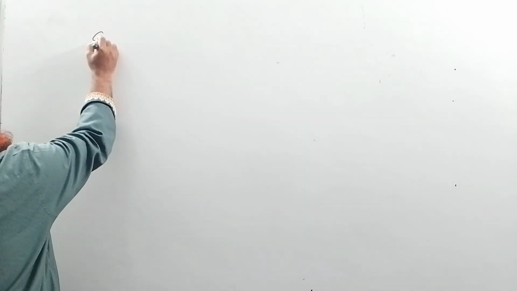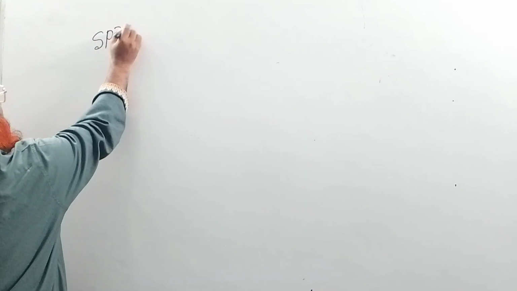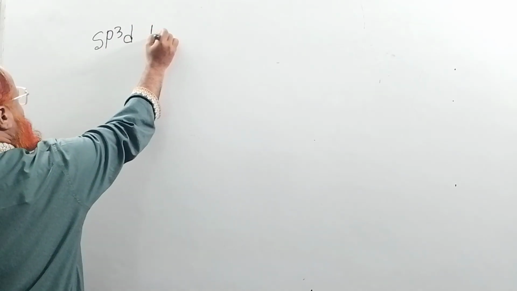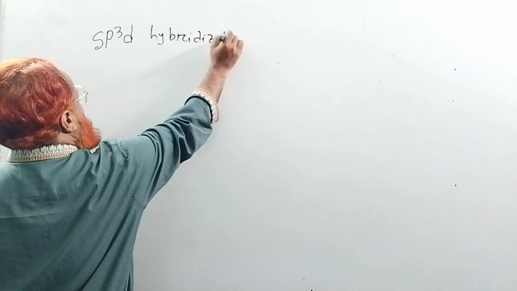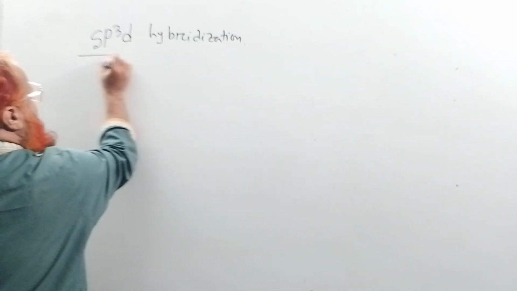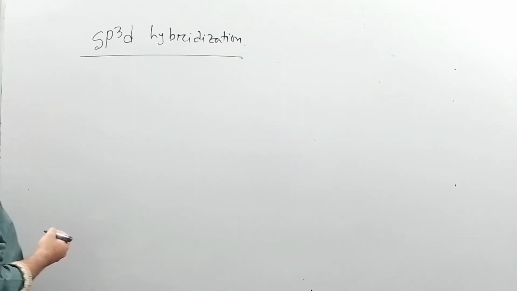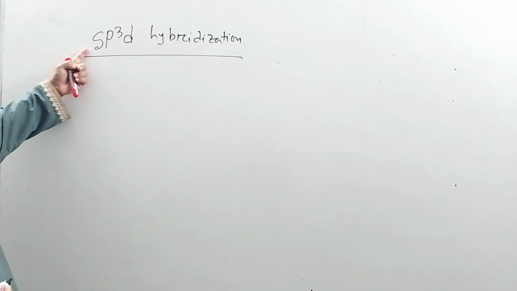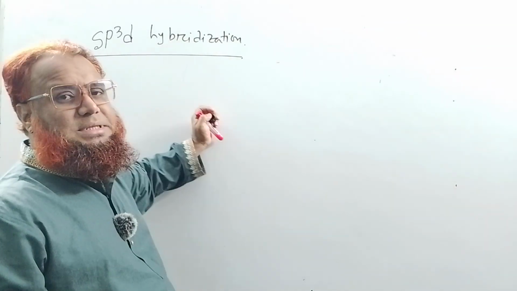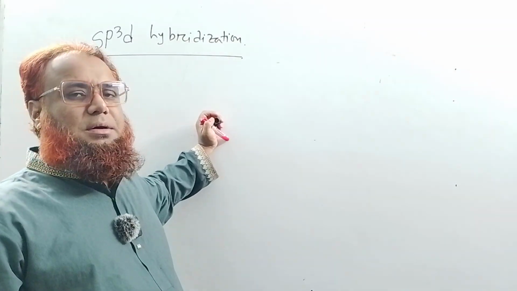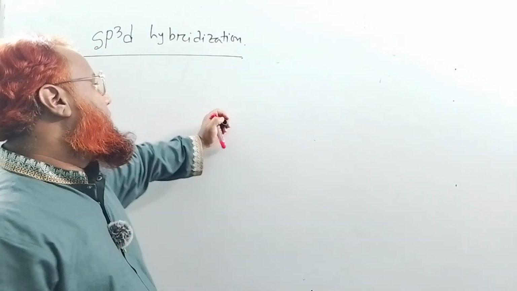Today first we will discuss sp3d hybridization. So dear student, look here: sp3d hybridization means one s, three p and one d orbital will participate in the intermixing process.